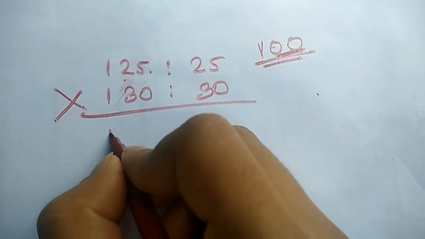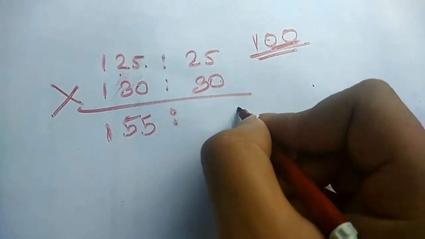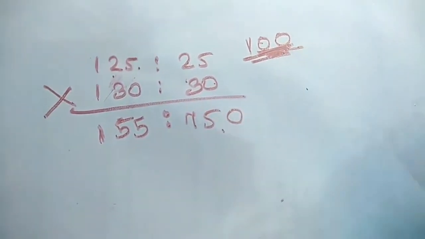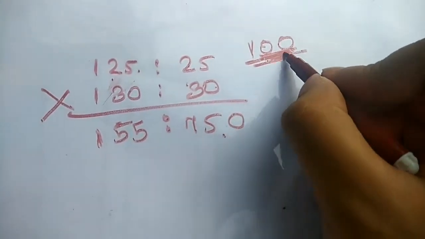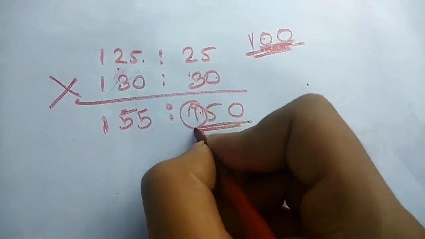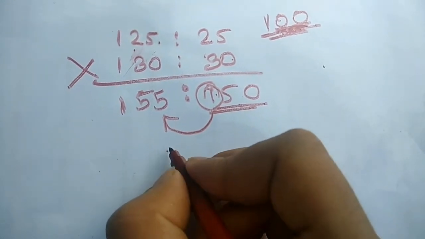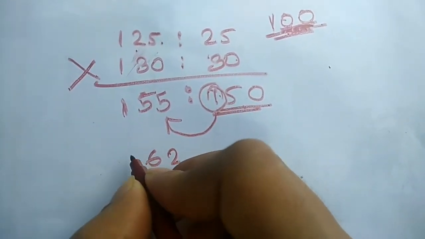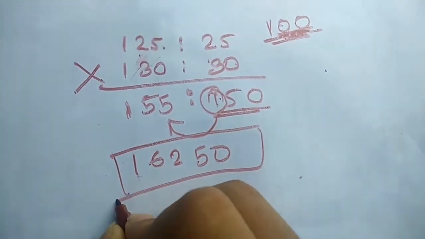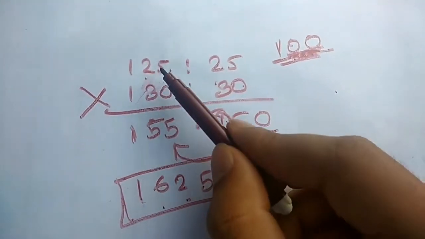If we add it, it should come out to be 155. 25 times 30 is 750. Now remember that we have 2 zeros in our base and we get 3 numbers, so we will add 7 on this side. So the answer is 16,250.